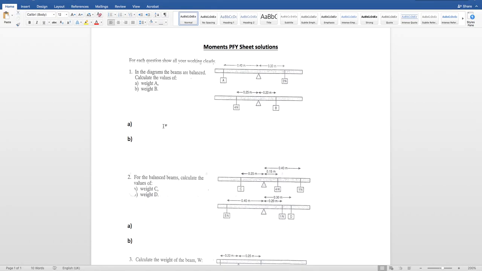Well, in A, if we look at our clockwise moments, we have force times distance, 2 times 0.30. Anticlockwise, we have A times 0.40.